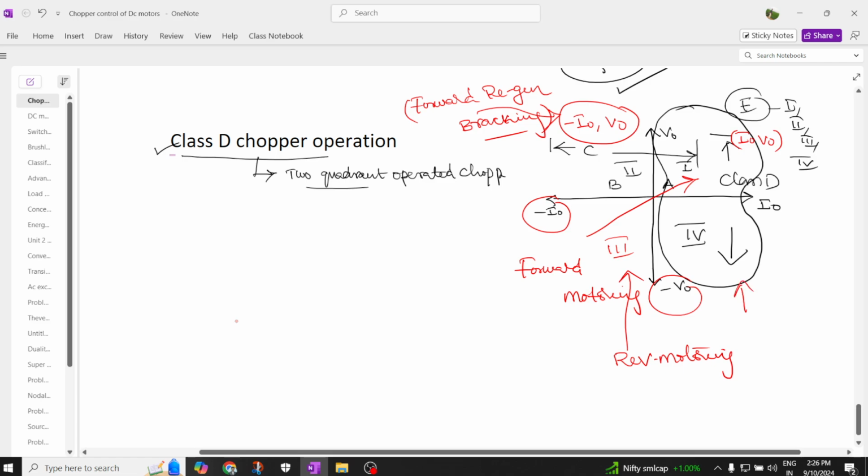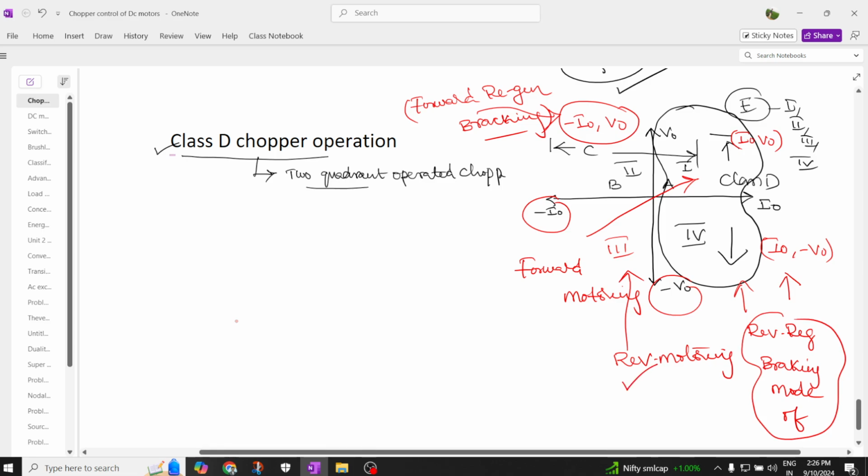But in the fourth quadrant, you can see here current is positive but voltage is negative. So this quadrant we are going to call reverse regenerative braking mode of operation. Okay, so this is called reverse regenerative braking mode, this is called reverse motoring, this is called forward regenerative braking mode, this is called forward motoring mode of operation.